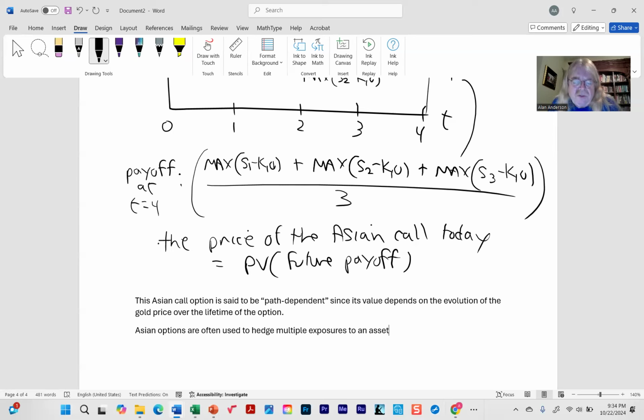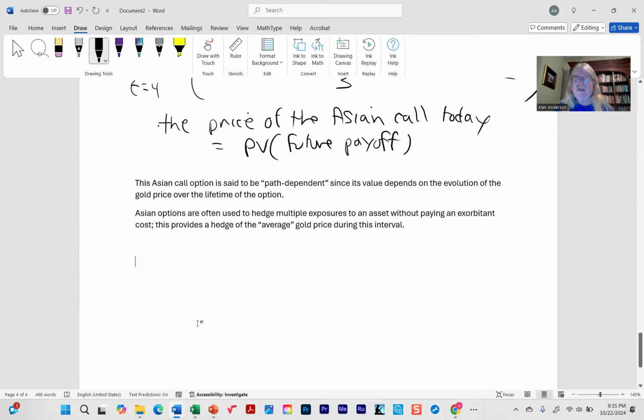What you're essentially doing here is hedging the average price of gold over that interval. So it's used to hedge multiple exposures to an asset without paying an exorbitant cost. This hedge provides a hedge of the average gold price during the cycle. Now, all these exotic options, by the way, they have one thing in common.